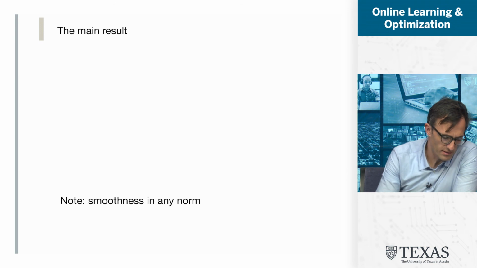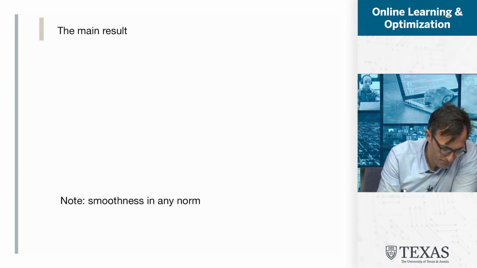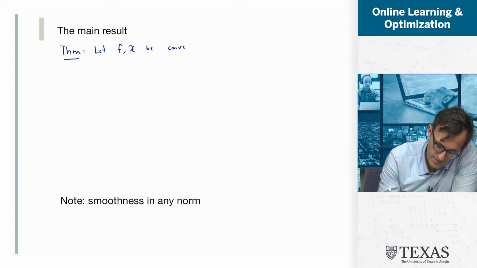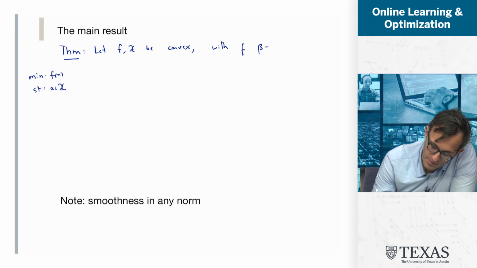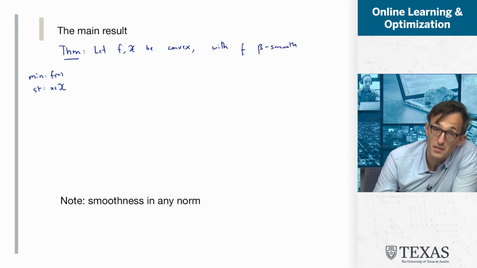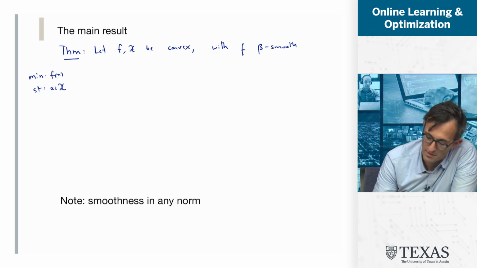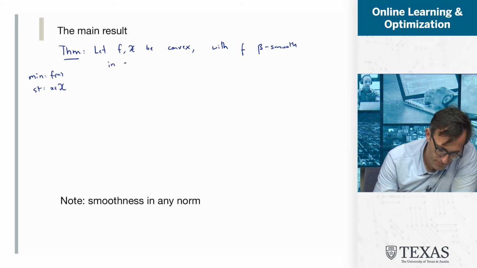So what is the main result? It says as follows. Let f and x be convex. Again, my problem here is minimize f of x subject to x in x. And let's further assume that f is beta smooth, but beta smooth in any norm. That's why I put the star on the previous slide. In any arbitrary norm.